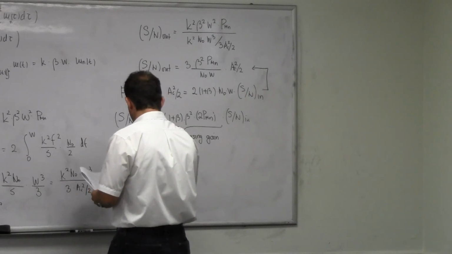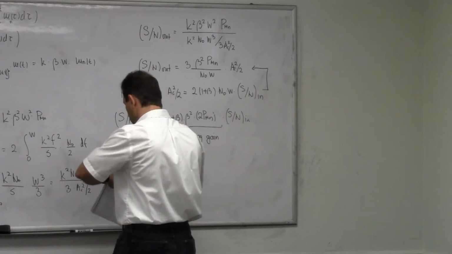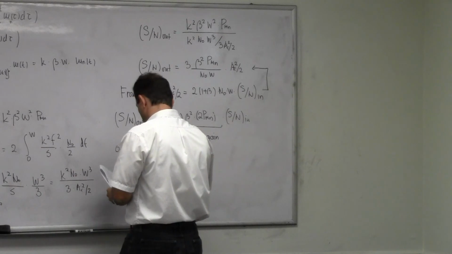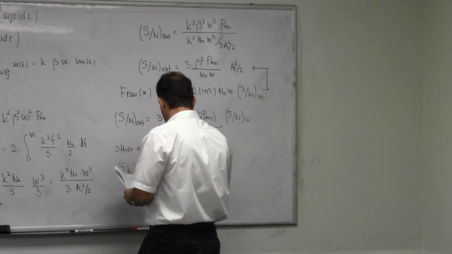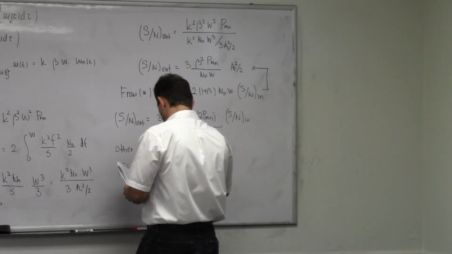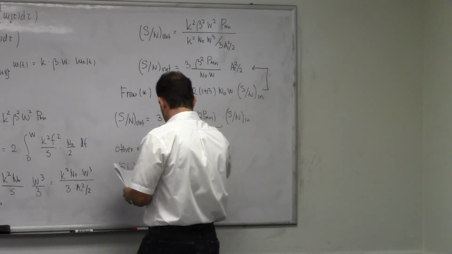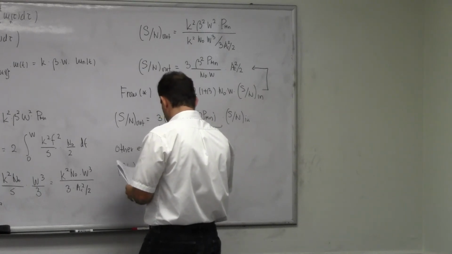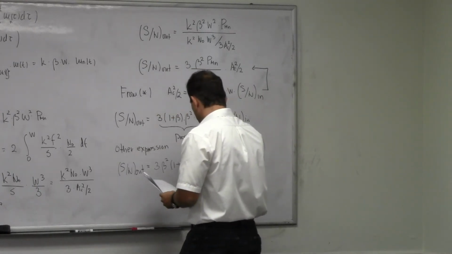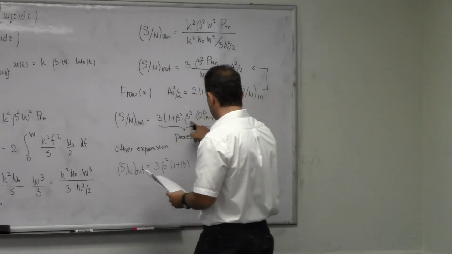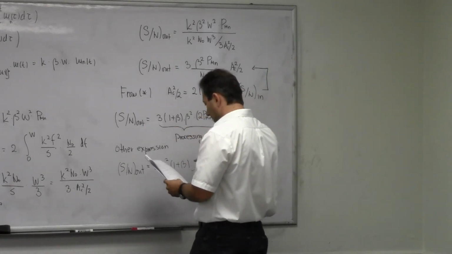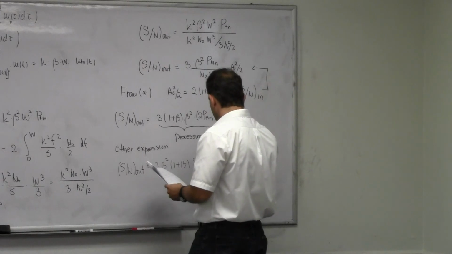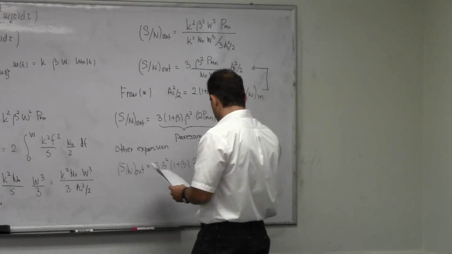We can say that signal to noise ratio at the output is going to be 3 beta squared, 1 plus beta, so I'm copying this part here. And then I put the power of the message normalized, this guy.